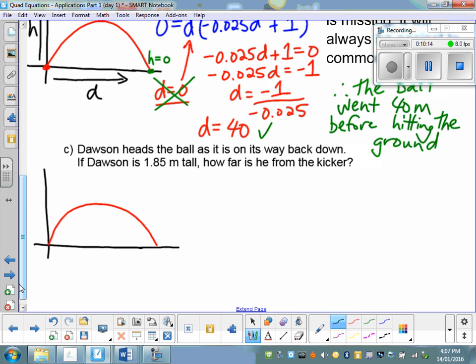And this time we're trying to find the distance when the height is 1.85. So if that's 1.85, it could be that value, or it could be that value going across. So we're either finding this value or this value.